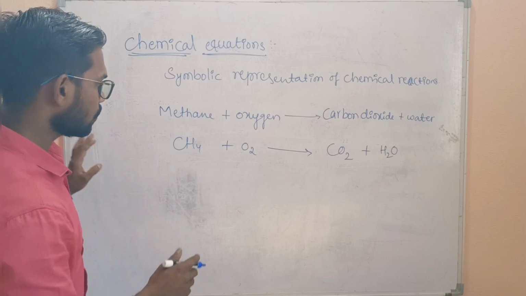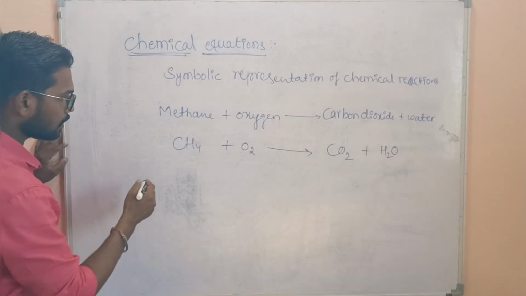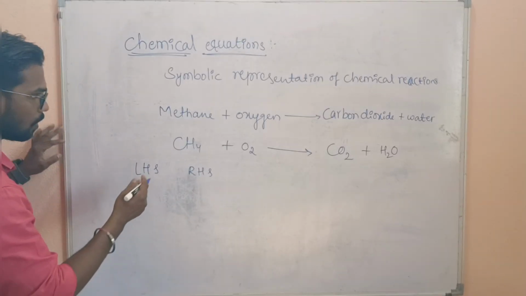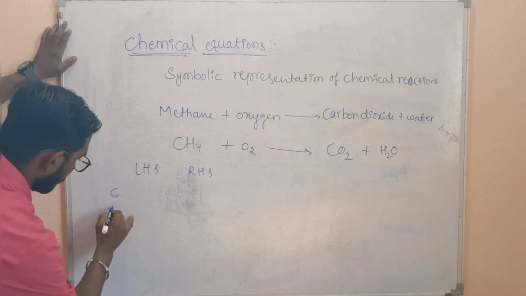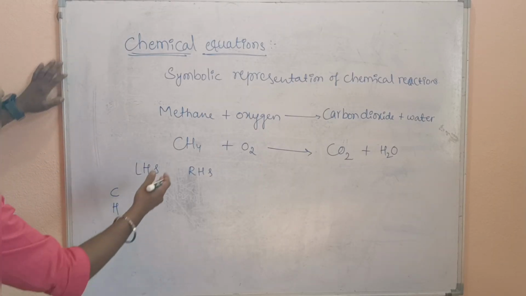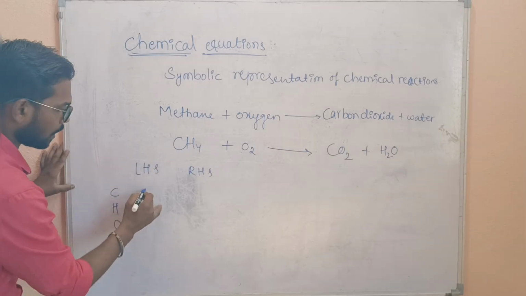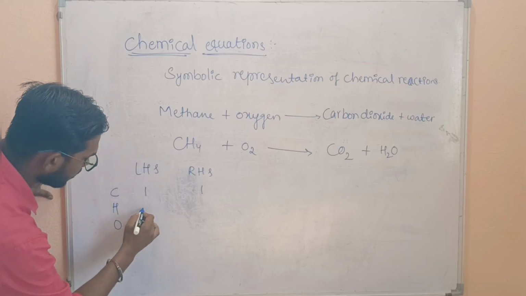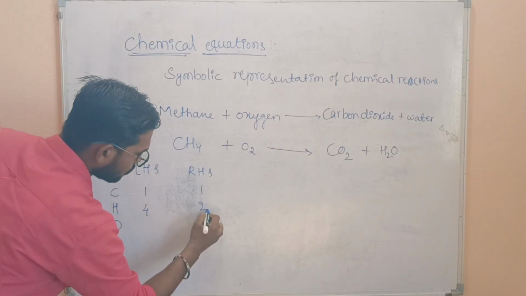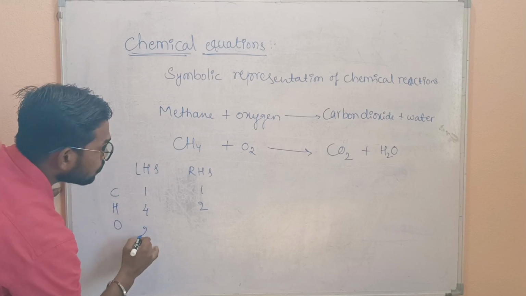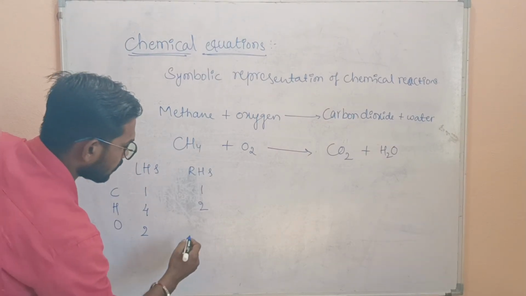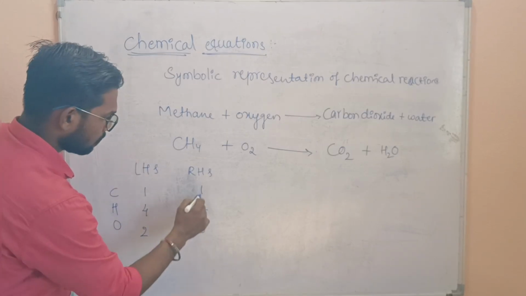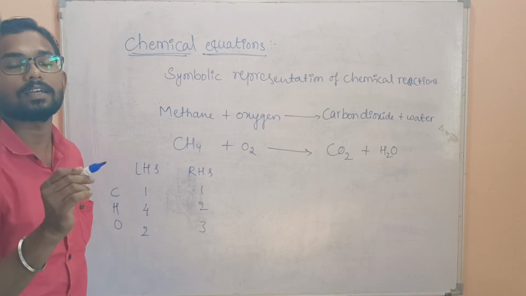Here we can see that the LHS and RHS have the same elements: carbon, hydrogen and oxygen. Carbon is 1 on that side also 1, hydrogen is 4 at the LHS and 2 at the RHS, and oxygen is 2 at the LHS and 3 at the RHS. So these LHS and RHS sides are not equal.